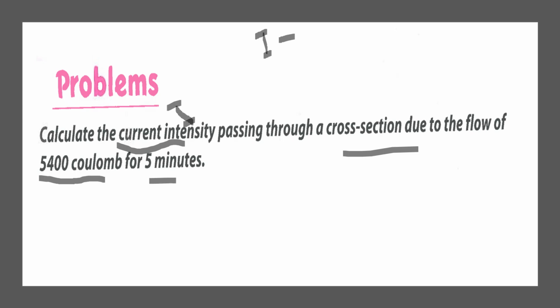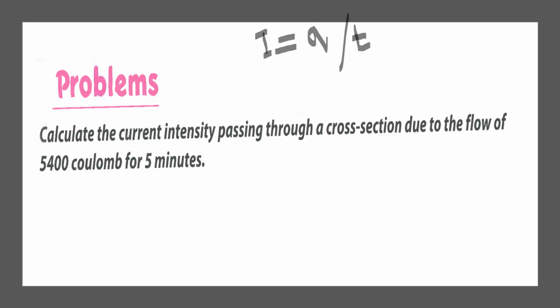So I equals Q over T. The value of the current intensity, as I mentioned, equals Q over T. Q represents the quantity of electric charges. How many charges here? 5,400, and the time is given as 5 minutes.